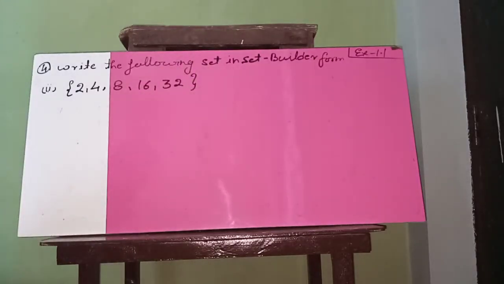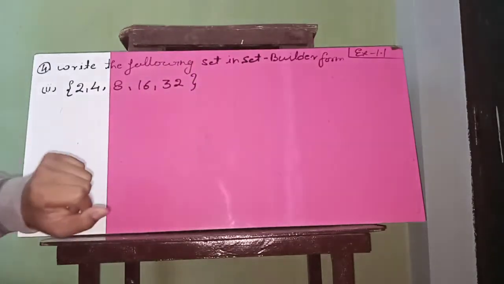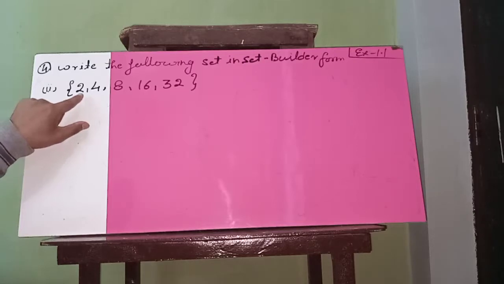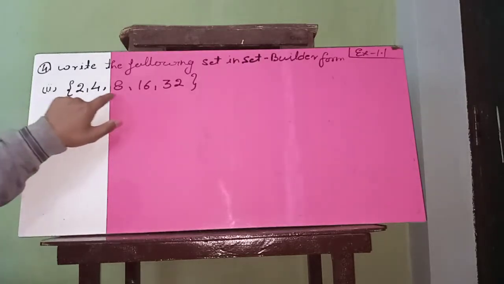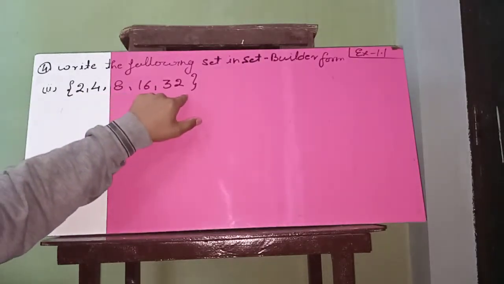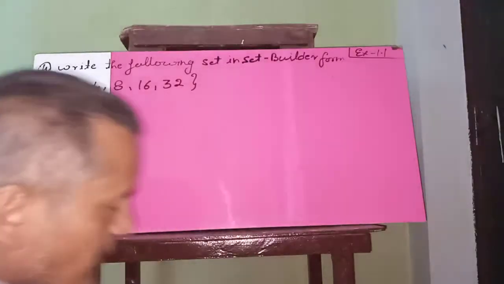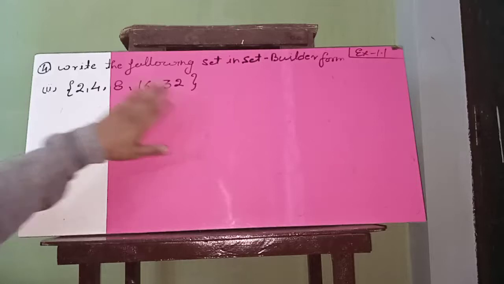So what happened in the question? Now in second part, the given set is 2, 4, 8, 16 and 32. You will change the given set into set builder form. Okay, now first we observe all the elements in the question.